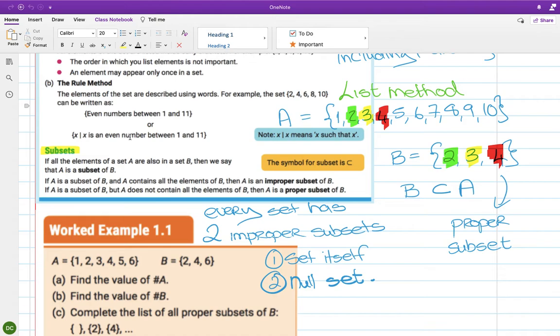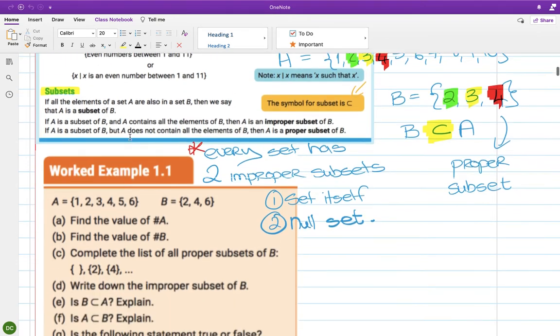Okay? And the second one is the null set. So the null set is a subset of every set. Okay? So that's important. Proper and improper subsets. I used the symbol for subset there. It's kind of like an elongated C. And it's here as well.